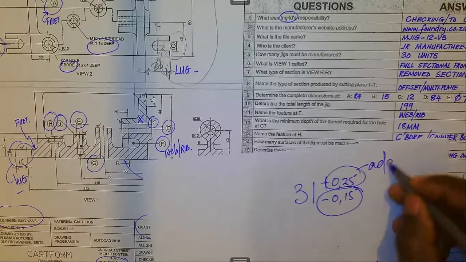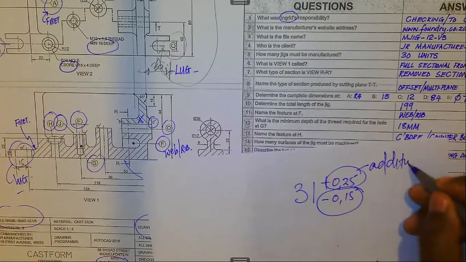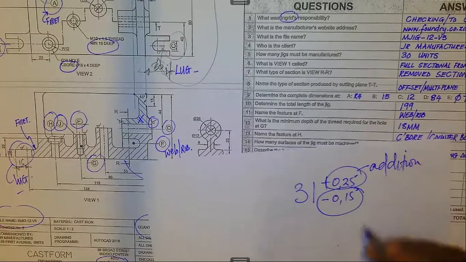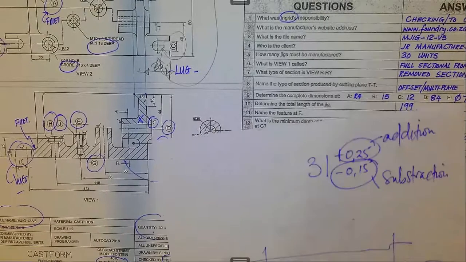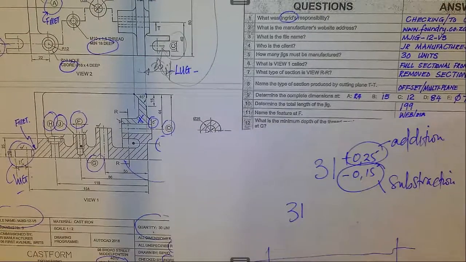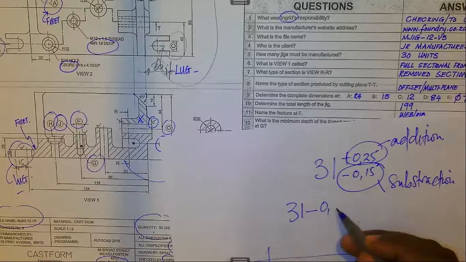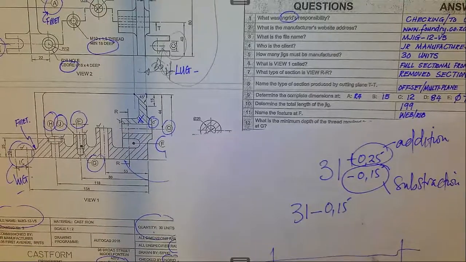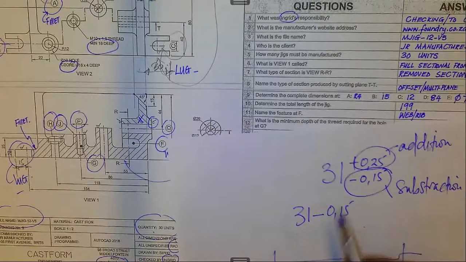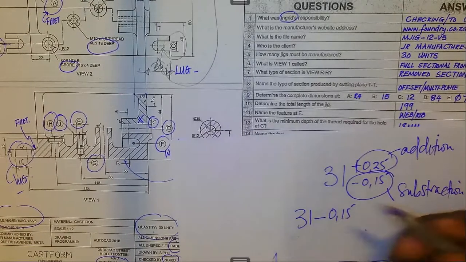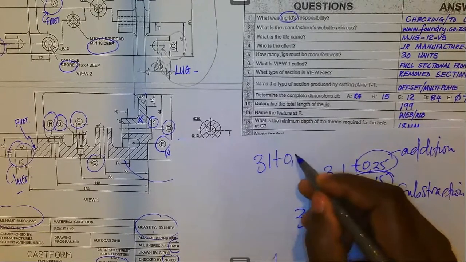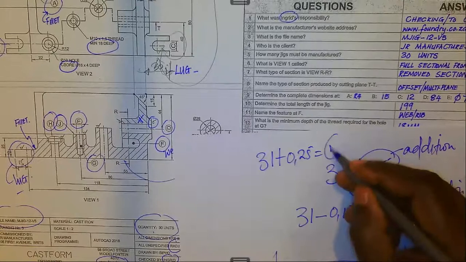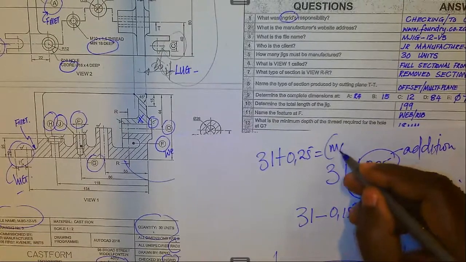And here it's subtraction, so we are going to take 31 minus 0.15, then we get the answer. But if it was the maximum size required, it was going to be 31 plus 0.25, and we would get the answer. This is maximum, and this is minimum.